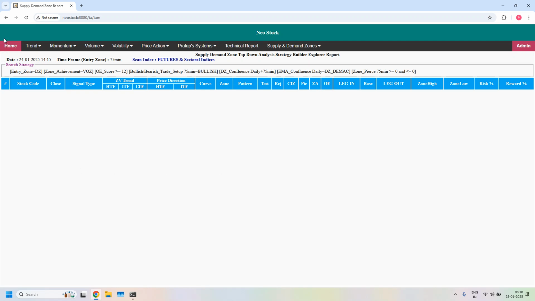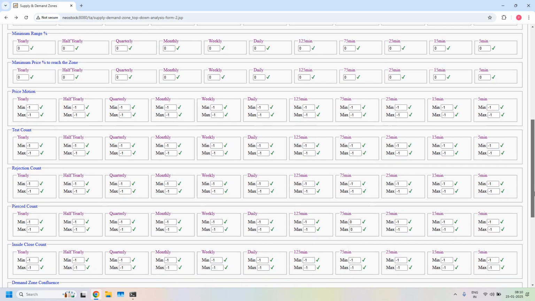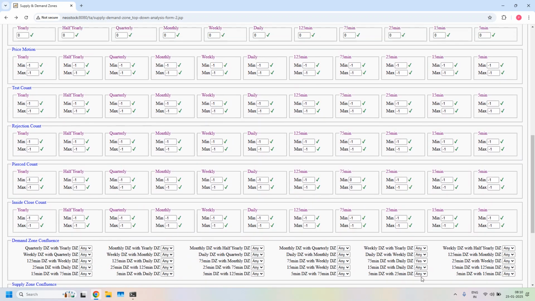Next, let us look for LTF, ITF, HTF specific filters are available or not. Removed EMA filter. In the demand zone confluence, first filter is already enabled. Second filter, 75 with weekly demand zone confluence. And third filter, daily demand zone with weekly demand zone confluence.